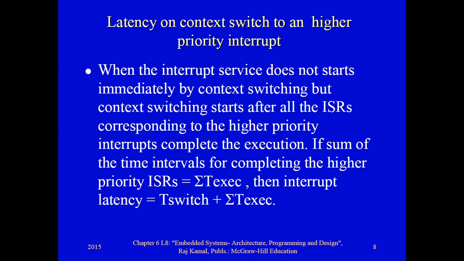T execution is called Tx. Tx is the execution time for the ISRs, and T switch is the time for the context switching. Then interrupt latency is found by the formula T switch plus sigma Tx.